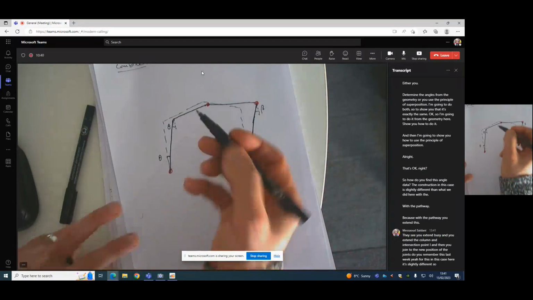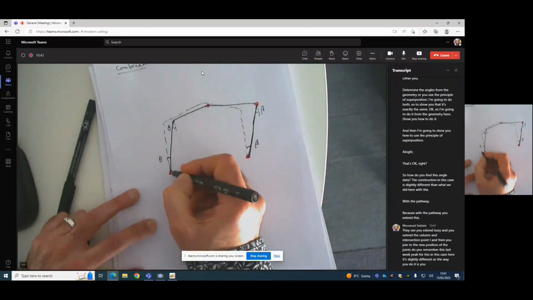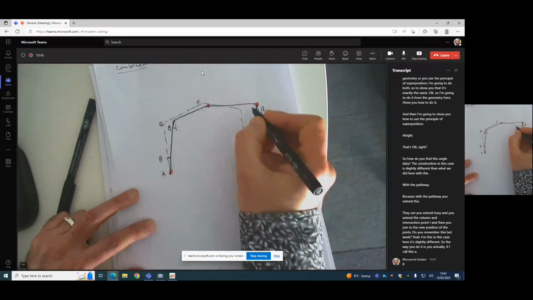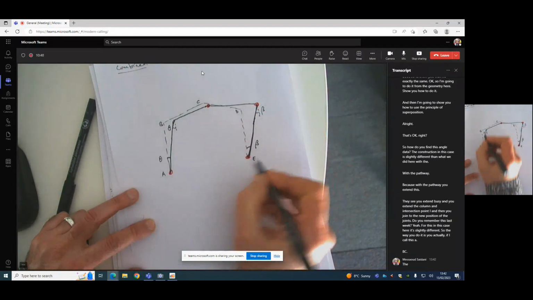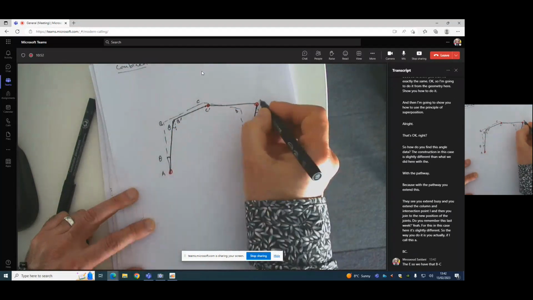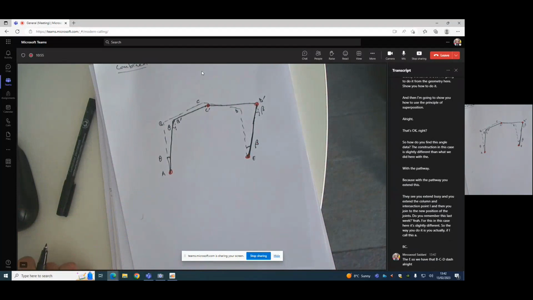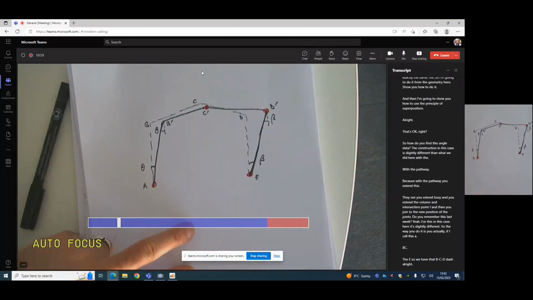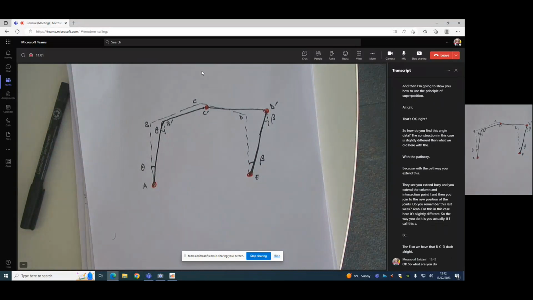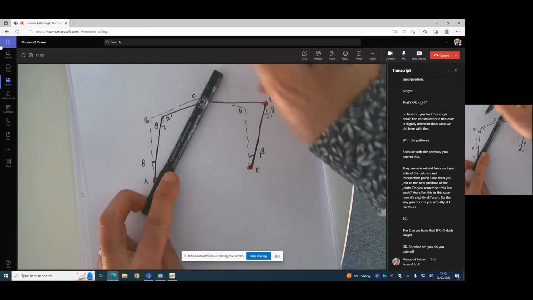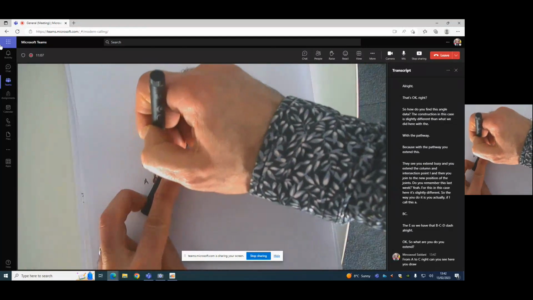So the way you do it is, if I call this A, B, C, D, E, we have B dash, C dash, D dash. All right. Okay. So what you do, you extend from A to C, right? Can you see here? You draw a line.